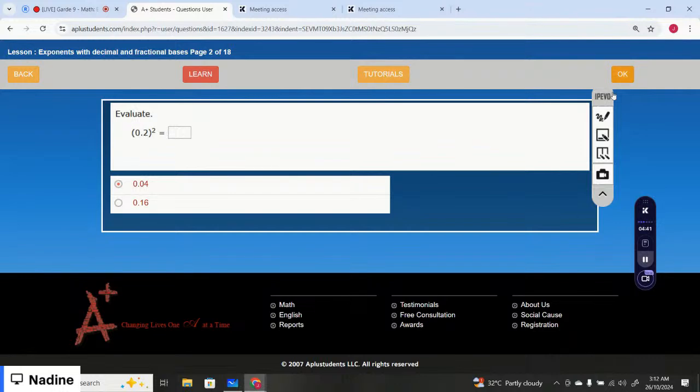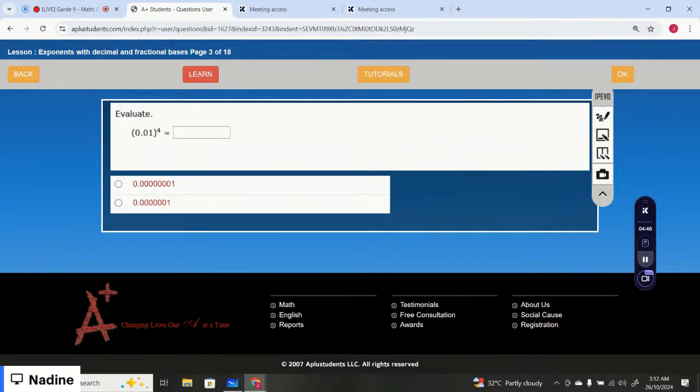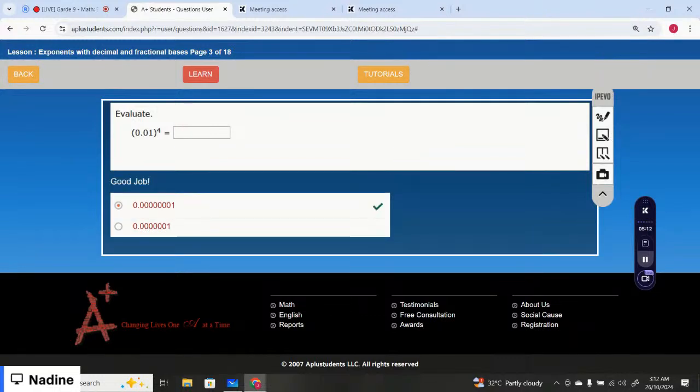Option number 1 is the correct option. Okay, the next one is 0.01 exponent 4. So which is the correct option? So option number, let me just count the decimal spaces. I think option number 1 is the correct option.